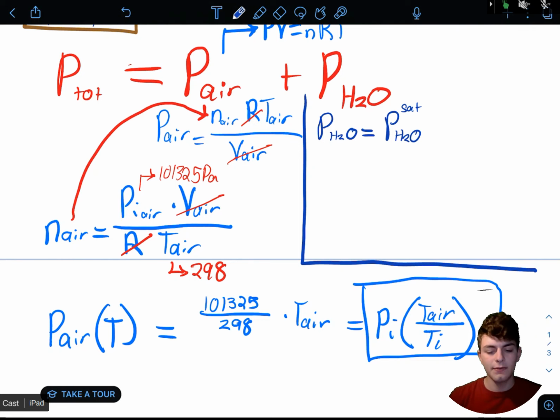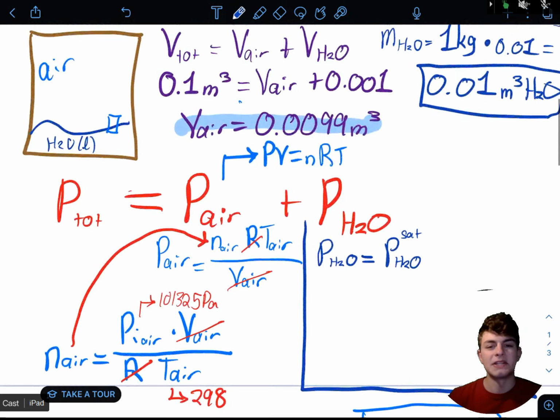The reason for this, as I attempted to explain poorly earlier, is that at the interphase you're going to have the vapor-liquid equilibrium conditions that would be present along the vapor-liquid equilibrium curve. Therefore, we can denote the pressure of water as the saturation vapor pressure.